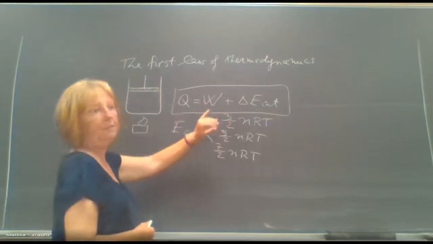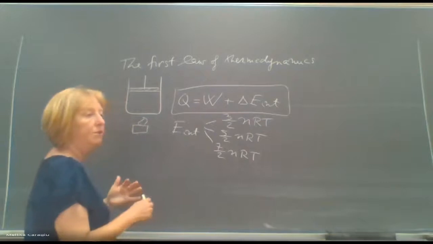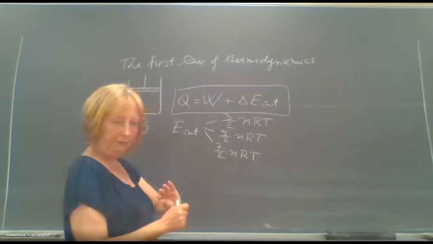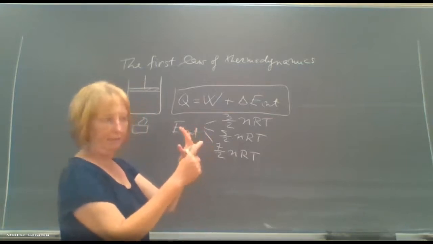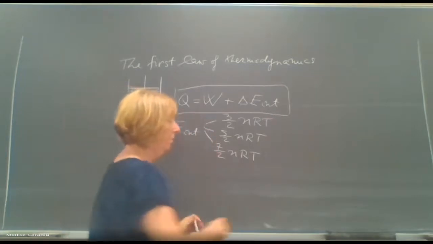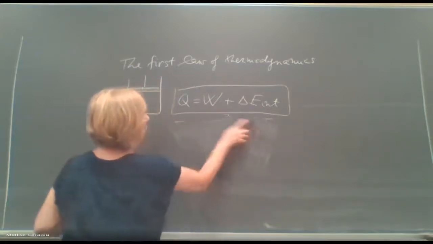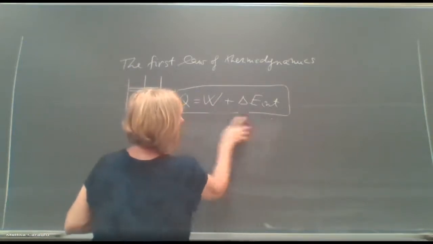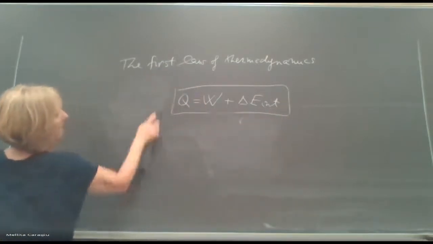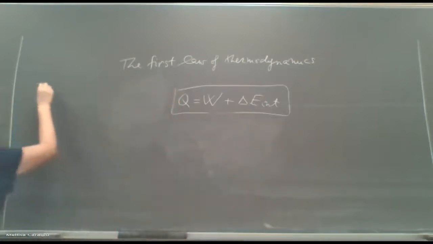We're looking at the first law of thermodynamics, so this idea Q equals work plus change in internal energy as the gas goes through those very specific transformations: isobaric, isovolumetric, isothermal, and then we add two more: adiabatic and cyclic transformation. So let me keep this mathematical formulation of the first law, and let's take transformation by transformation and analyze them.